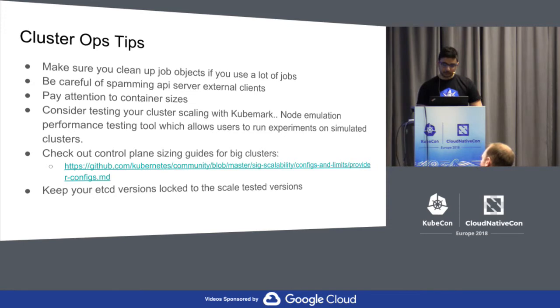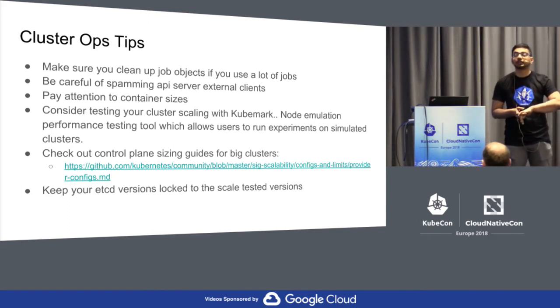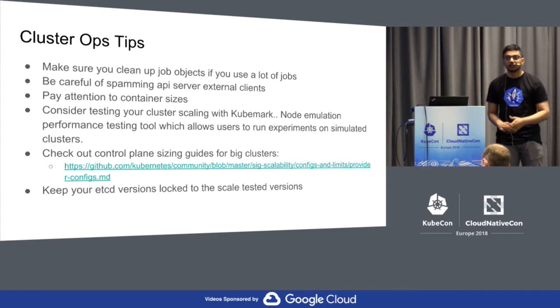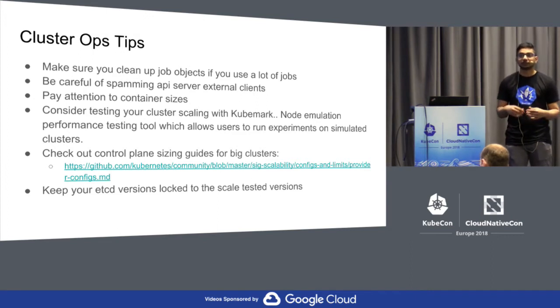And the more important part in this slide that I want to talk about is Kubemark. We have this framework called Kubemark, which is basically our way to perform large cluster tests without actually starting large clusters. So this is a simulated cluster where you start a Kubernetes master separately, but you don't really create real nodes, you fake them. You create what we call hollow nodes, which are basically pods on top of another cluster.